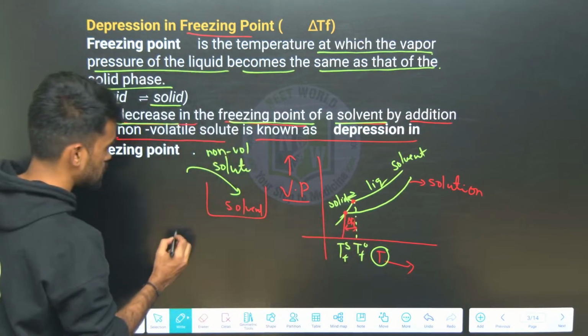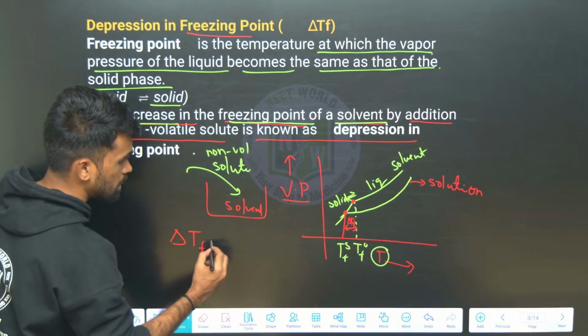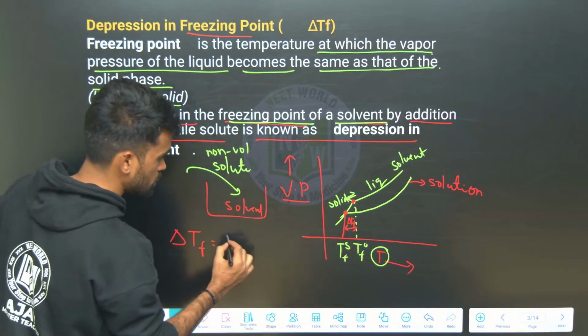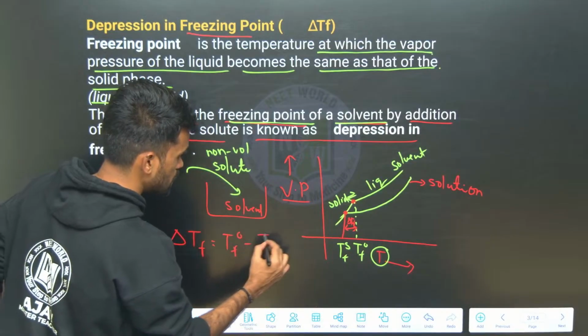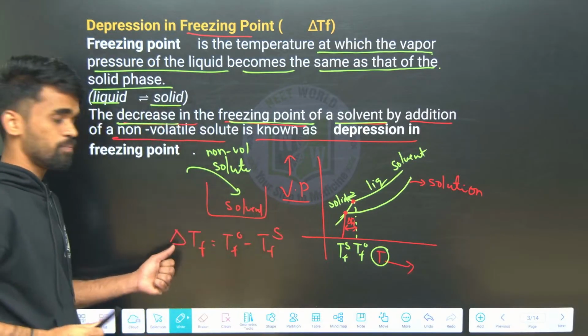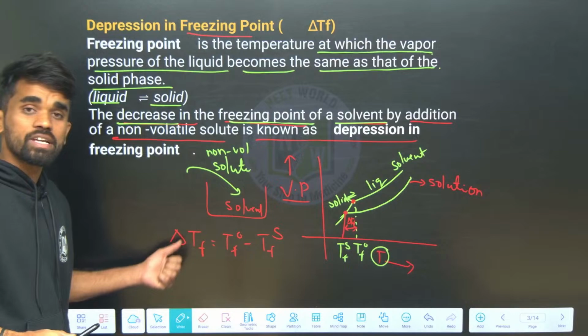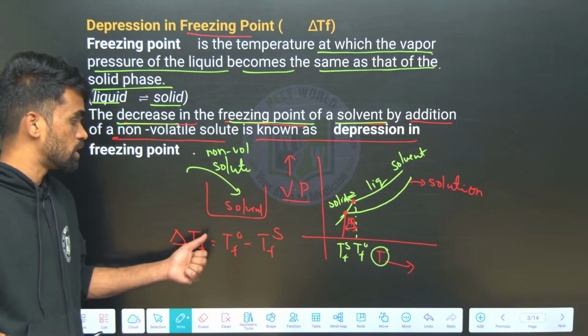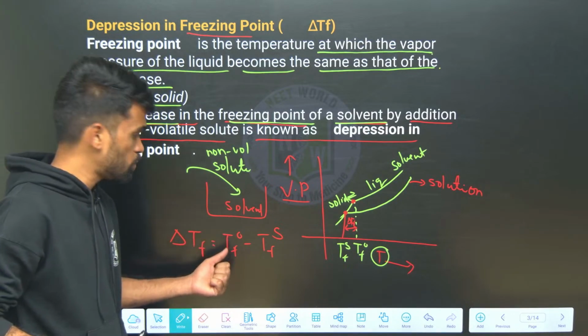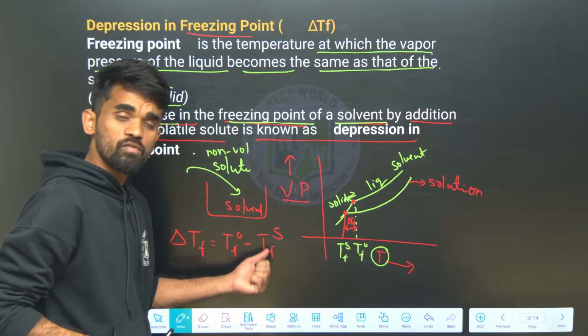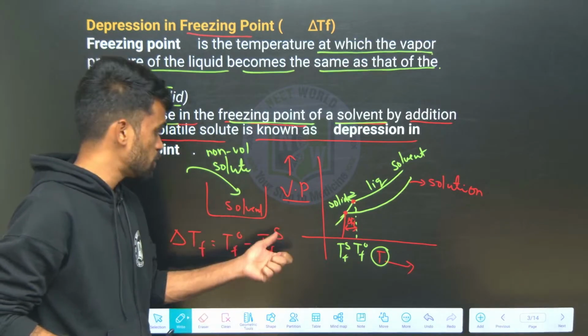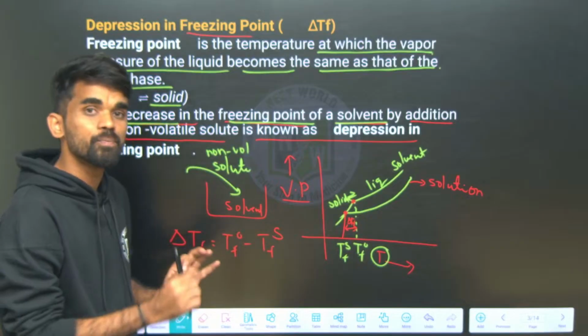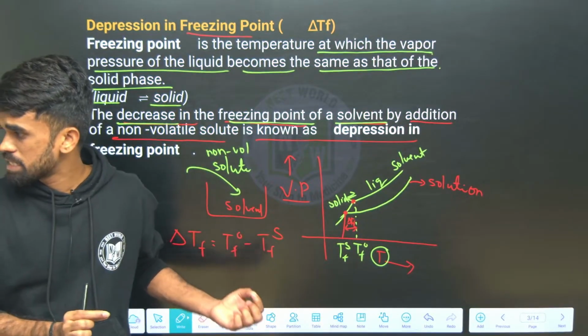The higher value is TF naught, so delta TF equals TF naught minus TFS. It means the depression in freezing point delta TF is equal to the freezing point of solvent minus the freezing point of solution. S represents solution, not pure solvent. Hope it is clear up to here.